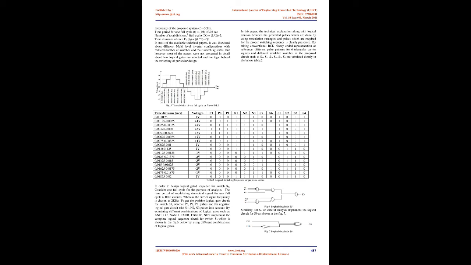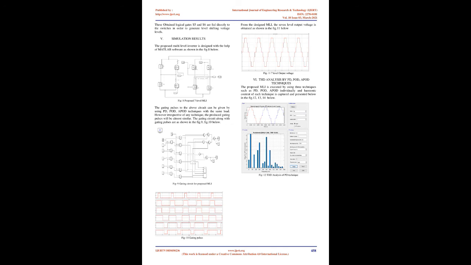Logical sequence for switching: the proposed circuit requires 6 triangular carrier signals as the system is designed for 7 level output voltage. Here, one full cycle is divided for 7 level output voltage as shown in figure 5. The number of total divisions per one full cycle and the time divisions are presented as given below. Frequency of the proposed system, f, equals 50 Hz.